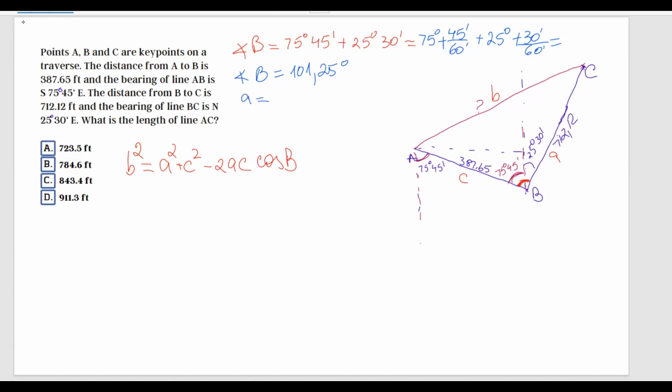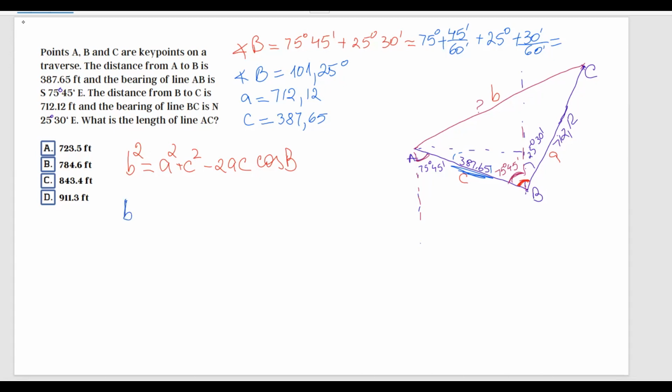So now we have A equal to 712.12, and C is equal to 387.65. Okay, perfect. I think we should come back here and substitute.